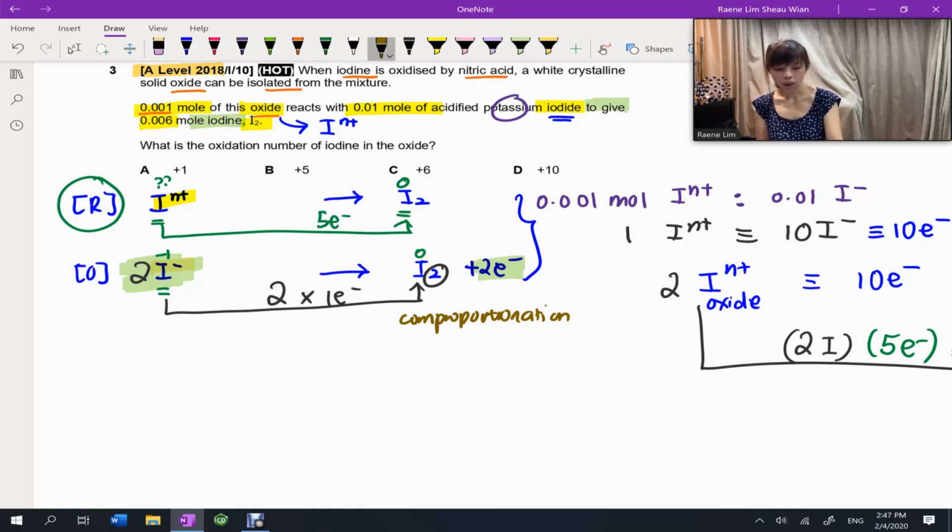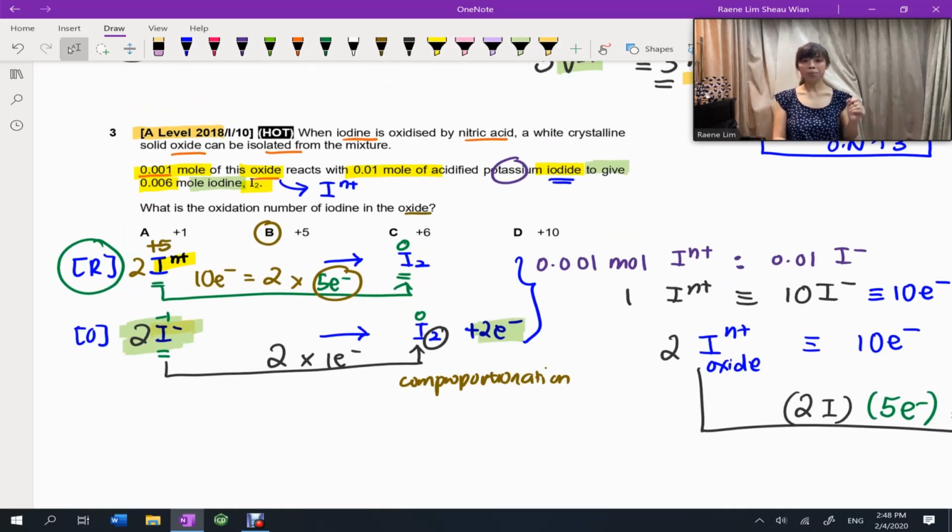There are a total of 2 iodine, so each iodine uses 5 electrons, and 2 iodine use 10 electrons. Now the oxidation number of the iodine in this oxide must therefore be plus 5 going to 0, so that there is a 5 electron unit change per iodine, and because there are 2, it is a total of 10 electrons. Okay, so therefore the answer is B.